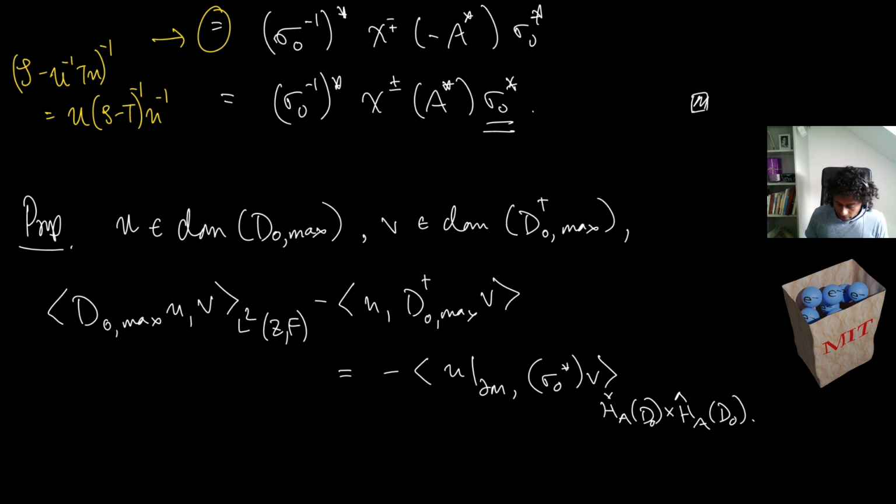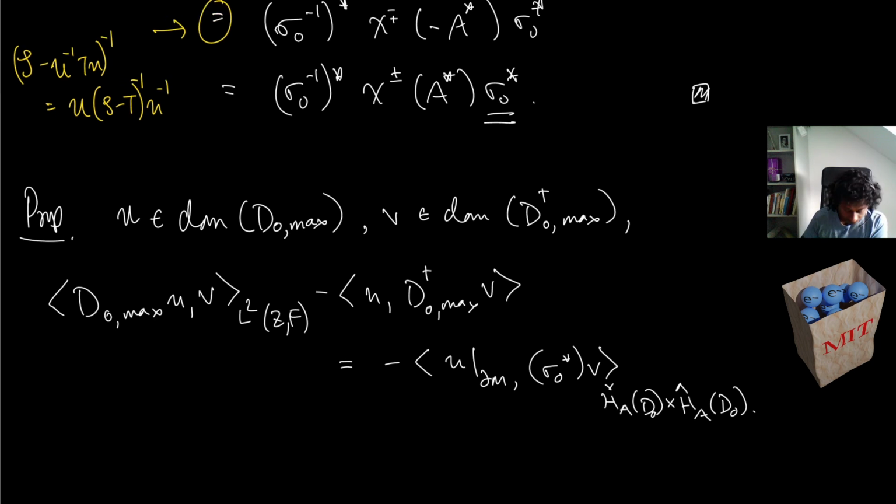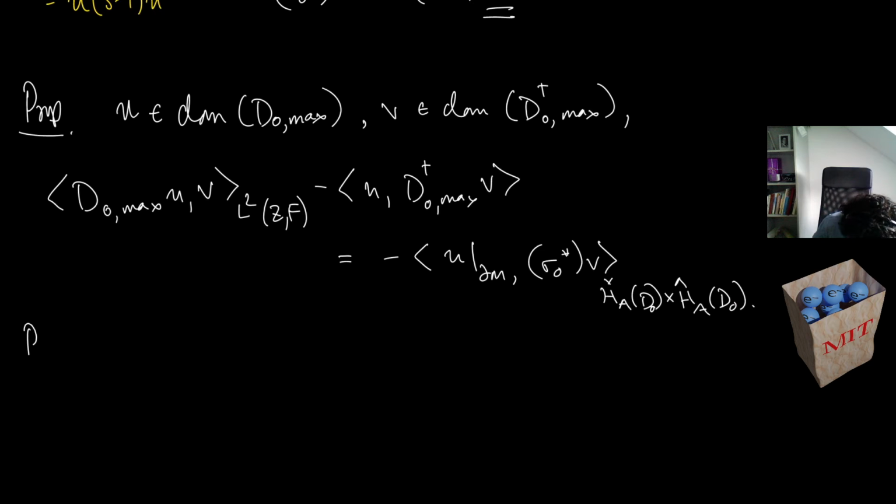So the map sigma naught star maps something in the hat space of the A tilde, the check space of the A tilde, to the hat space of the A isomorphically. So what's the proof?